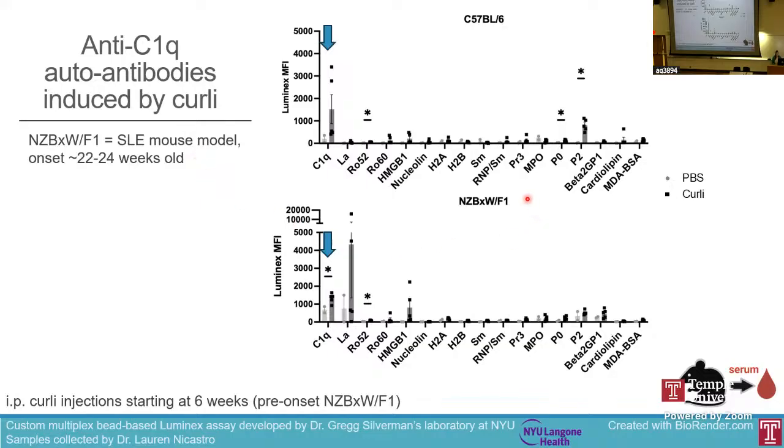However, these were treated before the onset of disease, so they are not yet at the point where they are getting autoantibodies on their own. This is well before that, when they've been injected with curli. We sent these for a multiplex assay to look at a bunch of different autoantibodies. One that came up, among the many antigens that occur in lupus, in both the Black 6 and the NZBW models, was the anti-C1q autoantibody response.